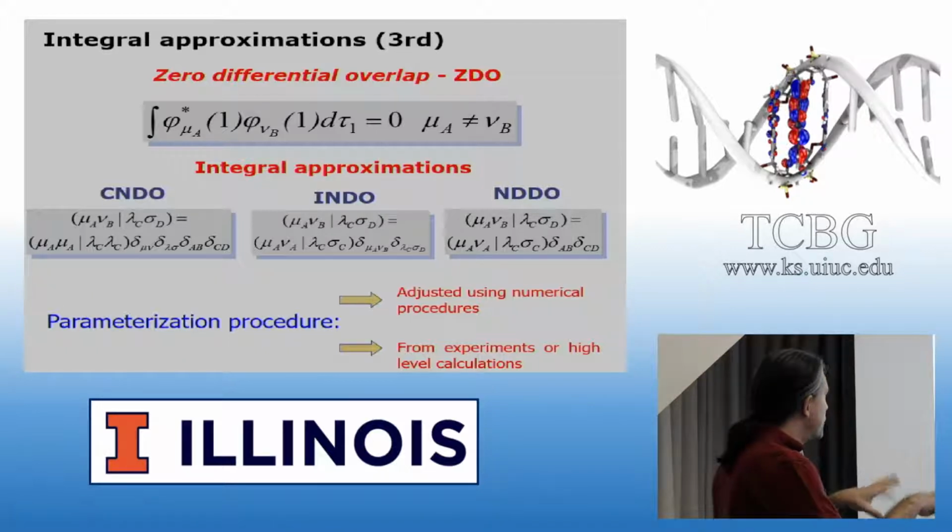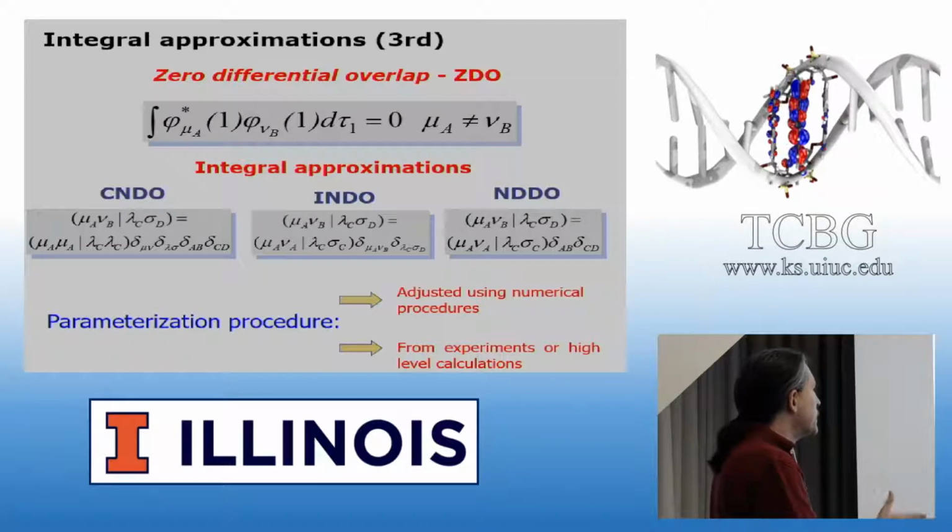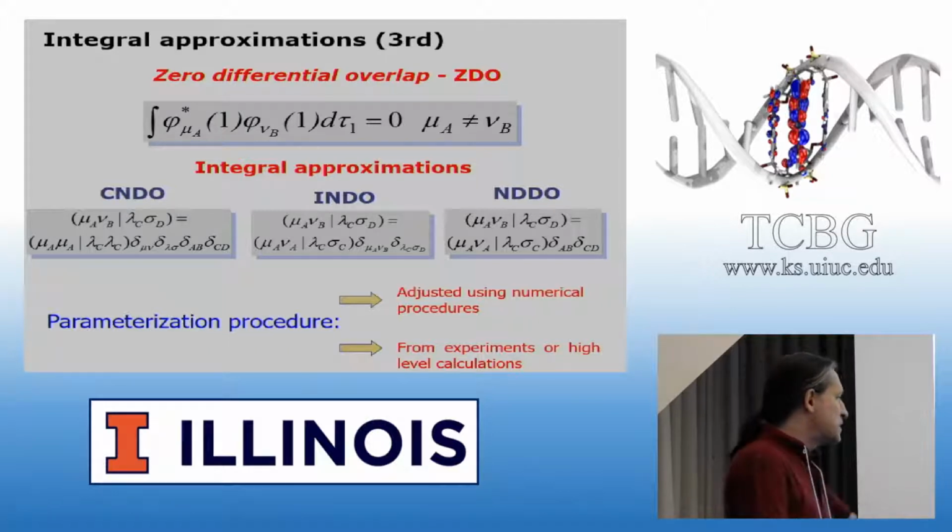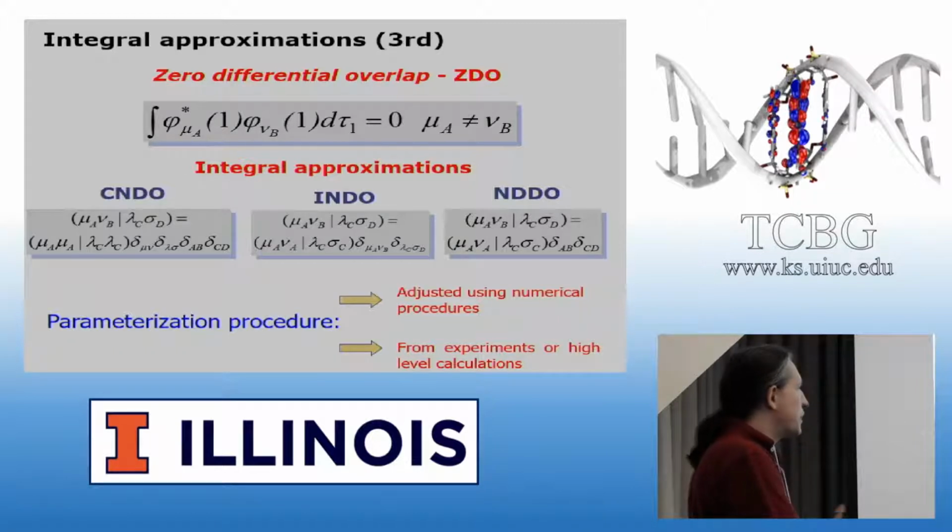Well, these are the main three approximations in the semi-empirical theory, and you can see that you insert some considerations into the equations, and you need to insert some parameters.